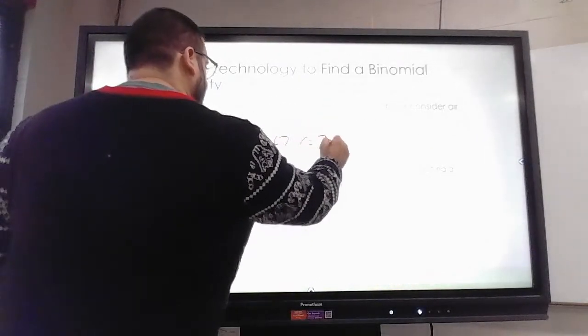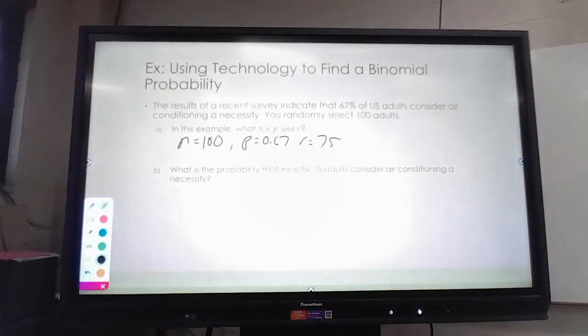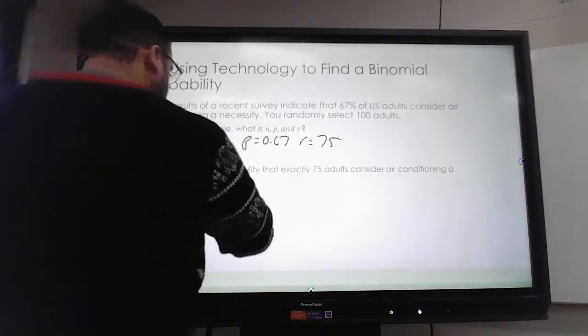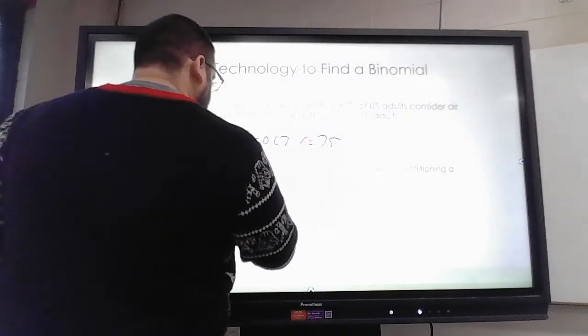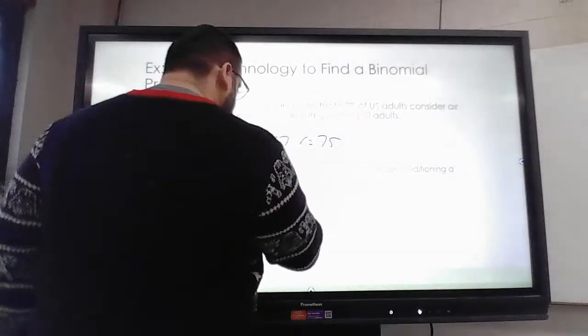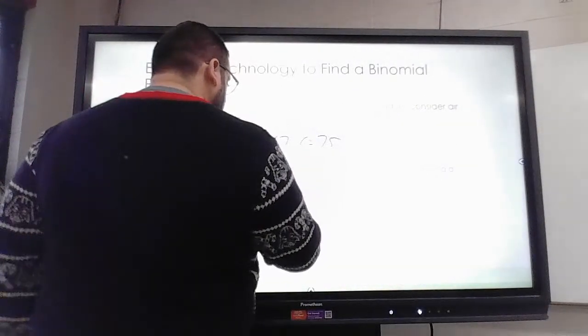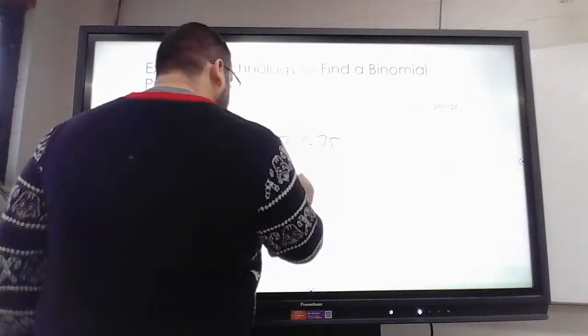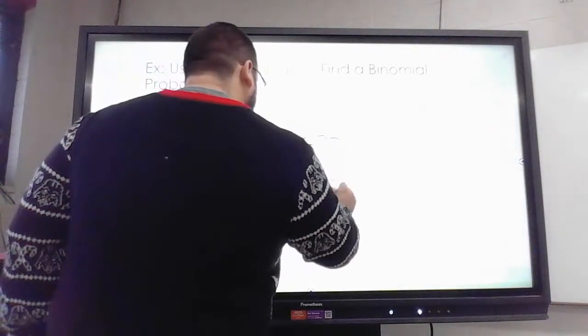My R is 75. So I'm going to put this in my calculator as binomial PDF. And again, because this is an exact value, I'm going to use a PDF calculation. N, P, R. So 100, comma 0.67, comma 75.